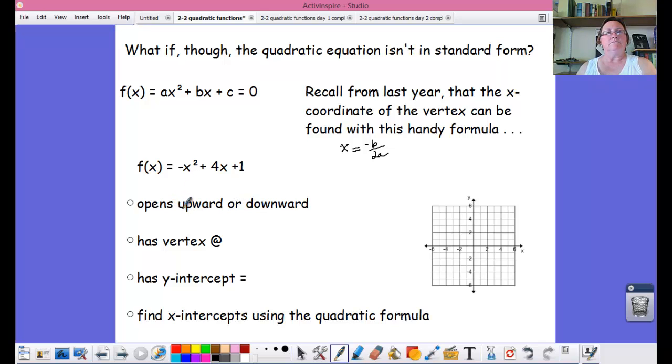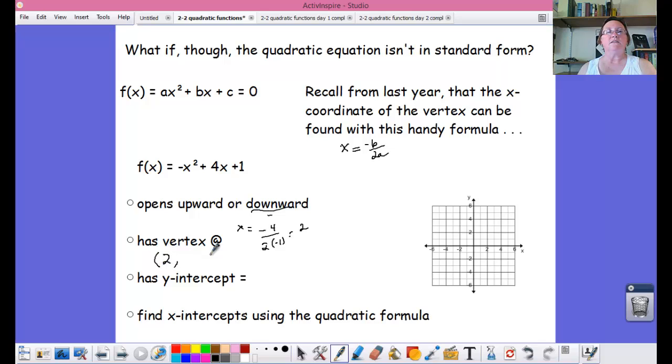Opening up or down? Negative up front says we're going downward. The vertex will be, okay, here's where things get weird. The x part of the vertex will be at the opposite of 4 over twice a, and a is negative 1. So that's negative 4 over negative 2, or 2. The x part of the vertex is at 2.